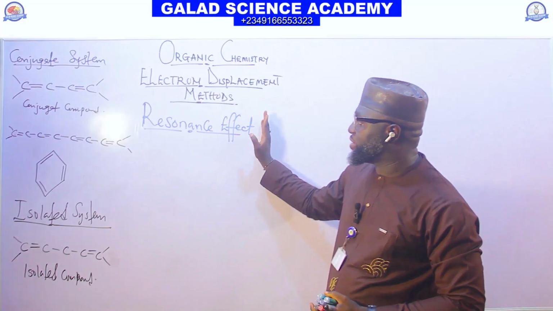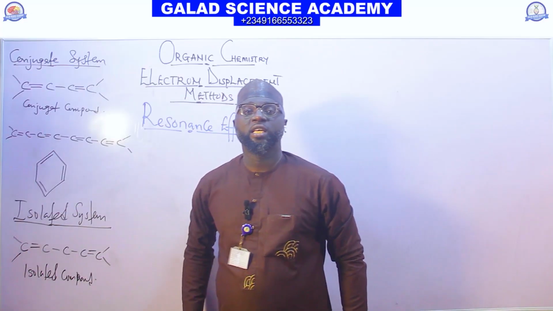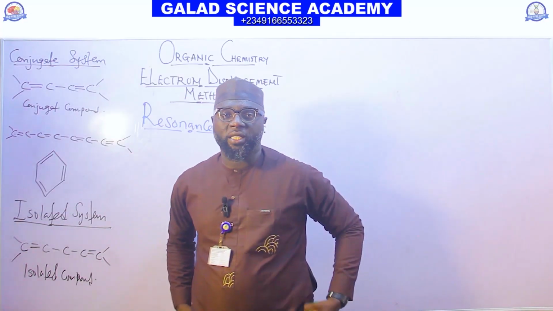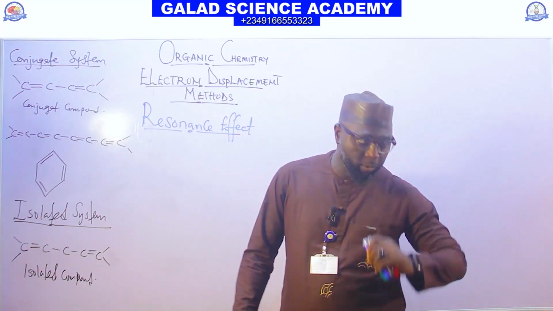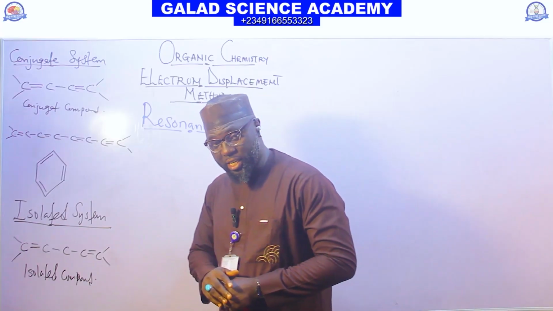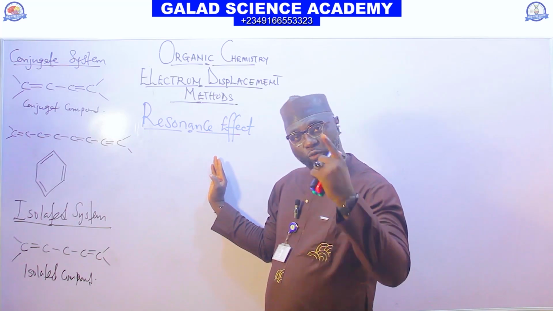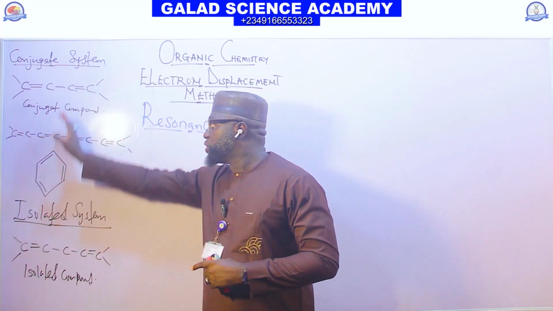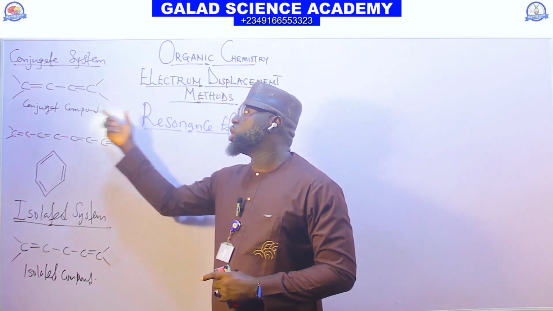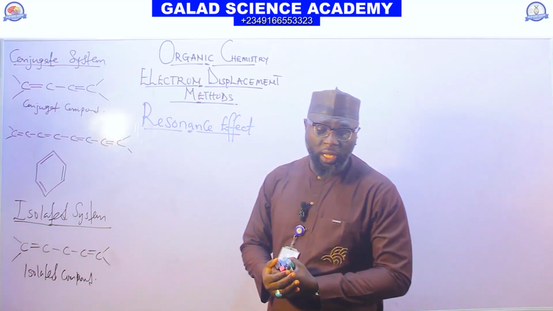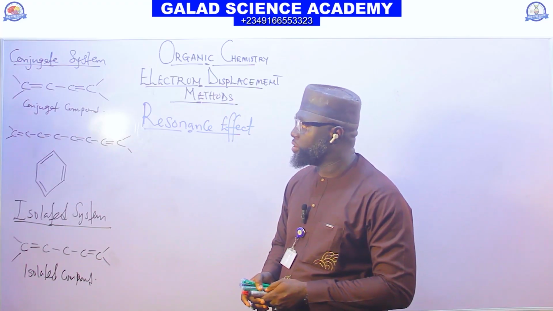The resonance effect takes place in the conjugate system compound, not in the isolated system compound. So if you ask whether a compound undergoes resonance effect, you can know from the structure. If the compound is a conjugate system compound, then it will undergo resonance effect.